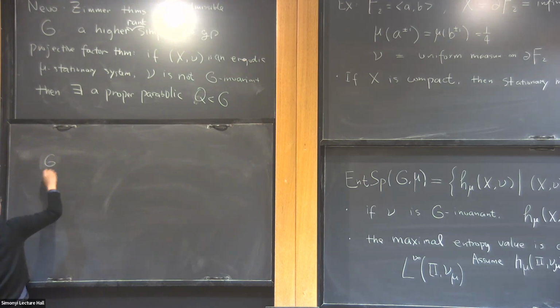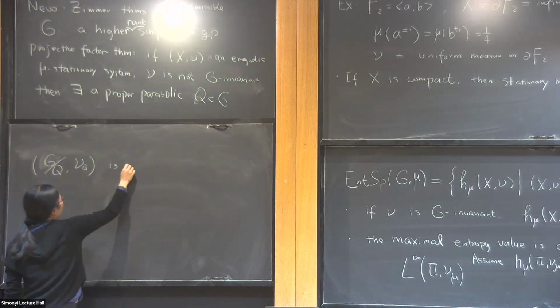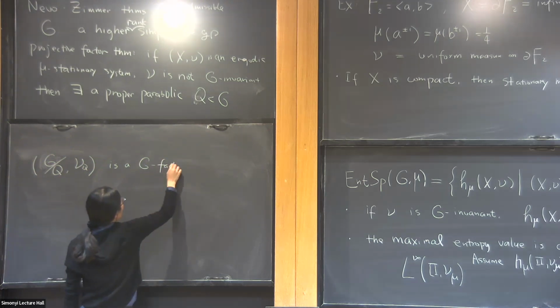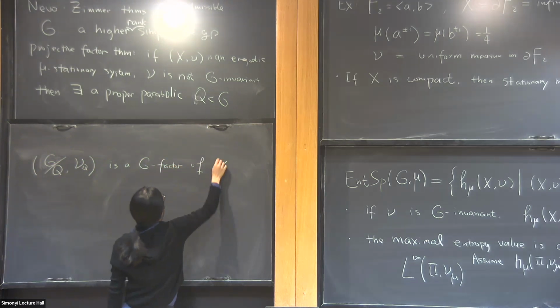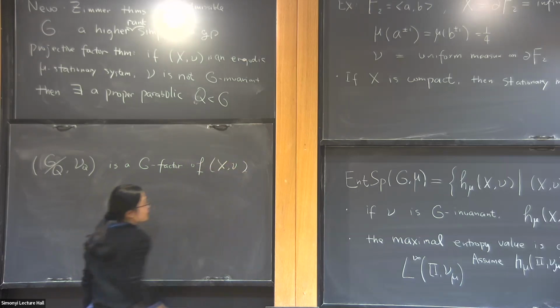And then here you have the image of the harmonic measure, the factor of this system. So this is a very useful theorem. It tells you as long as your stationary measure is not invariant, then in fact you would have this projective factor. So we'll see how to use it, what it implies for this spectrum, in a moment.